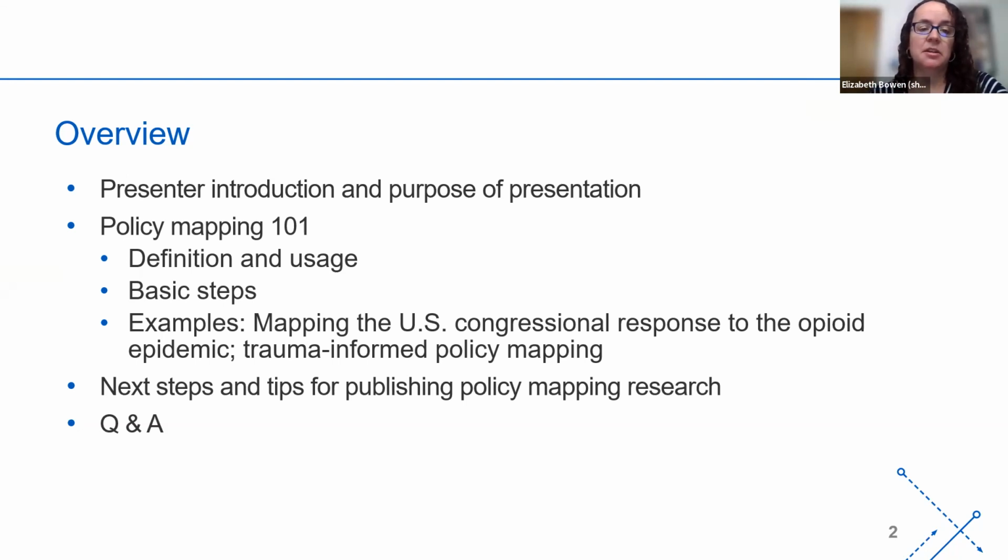So I'll be defining what policy mapping is, then spending most of the time going over the basic steps of how you can apply it. As I do that, I'll be using a couple of examples from my own work, and I'll talk quite a bit more about that shortly. And then I'll end by talking about some next steps, things to consider if you're thinking about using this methodology in your own work, and some tips for publishing policy mapping research.